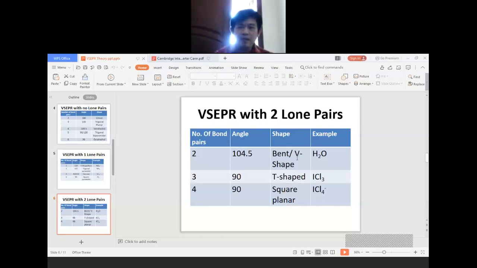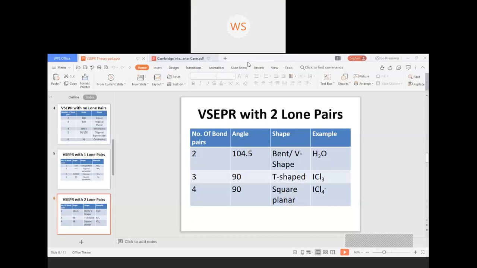Okay, so for 3 bond pairs and 2 lone pairs, the angle is 90, T-shape. The example of the molecule is iodine chloride. And then for 4 bond pairs, the angle is 90, so it is square planar.